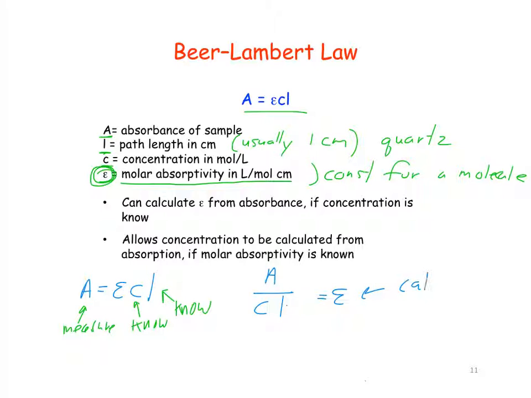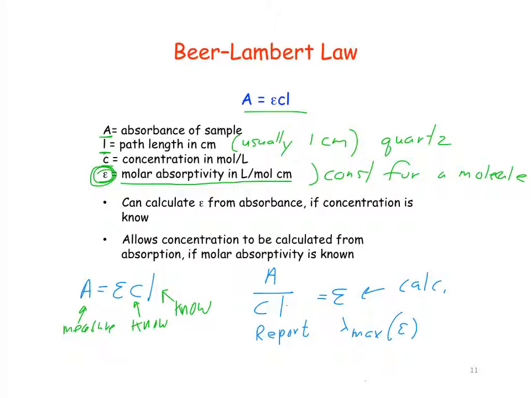Whenever we report our data, we would usually have some lambda max, and then in parentheses, we would list our epsilon. It might be 10,000 or 30,000 or something like that.